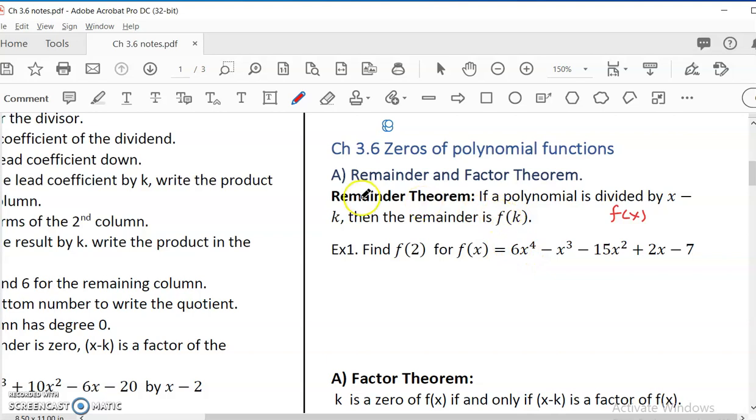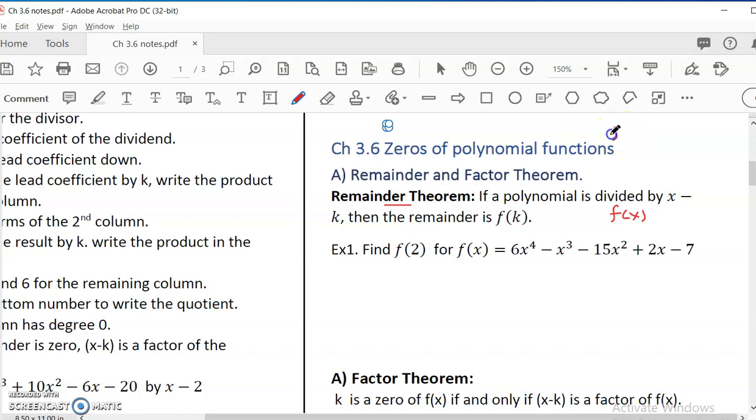So the remainder theorem says, now k is what you want to plug in, but if you divide the same polynomial by x minus k, the remainder is actually f of k. How do I prove it? The book talks about it, but I'm going to prove it really quickly.